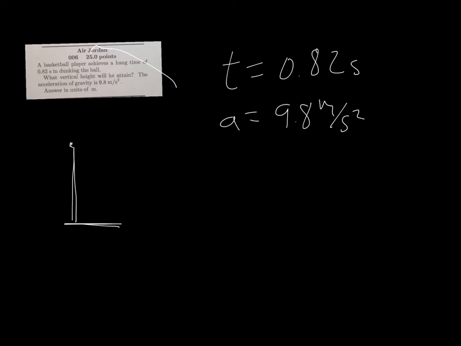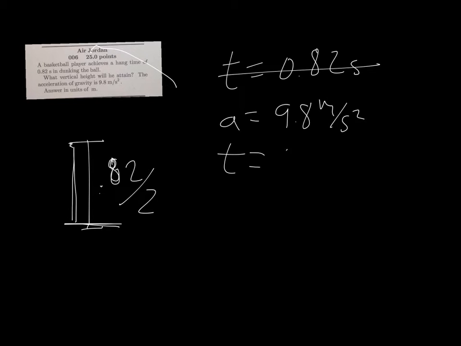So that means the entire time that it took him to go this distance was 0.82. Okay, so we need to divide that by 2. So take 0.82, divide by 2, and you should get the actual t, which will mark that out. The actual t should be 0.41 for his descent, and that's what we're going to focus on. So for the xf equation, if we have a 0 position and a 0 velocity, that leaves us with 1/2 at squared.